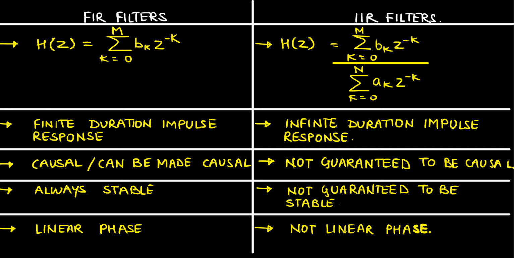But the advantage that we have for IIR filters is that for the same set of specifications we obtain a lower order, whereas to have the same specifications, the FIR filters require a significantly larger order as compared to the IIR filters, and the FIR filters are quite less precise as compared to the IIR filters.